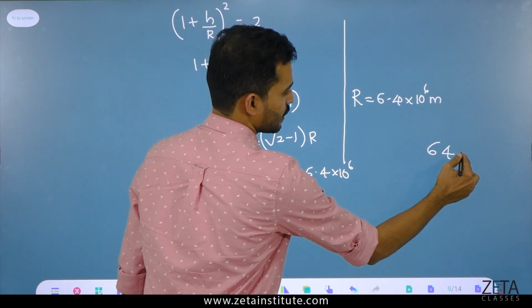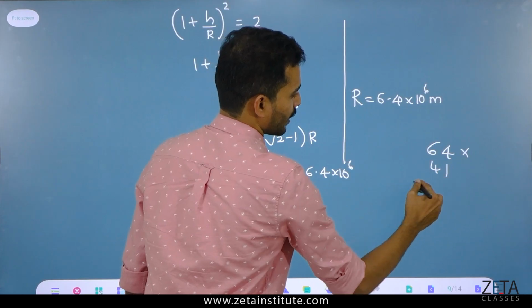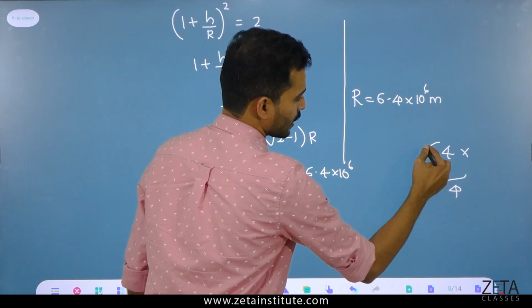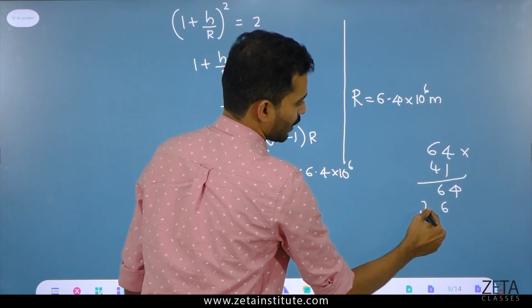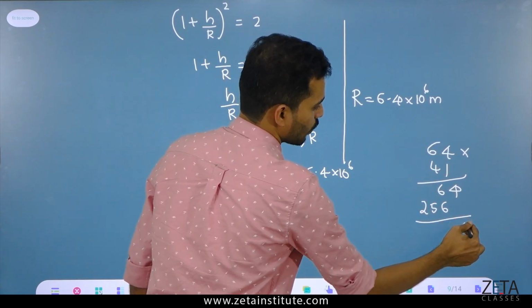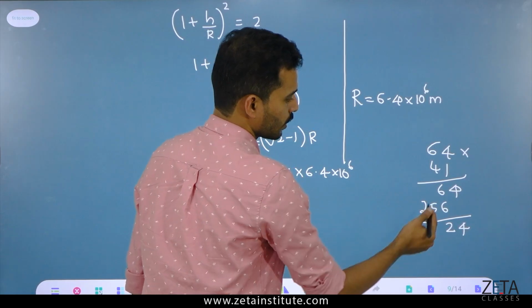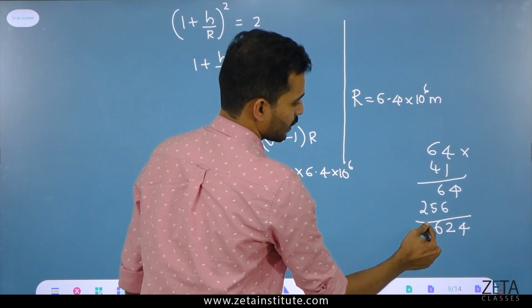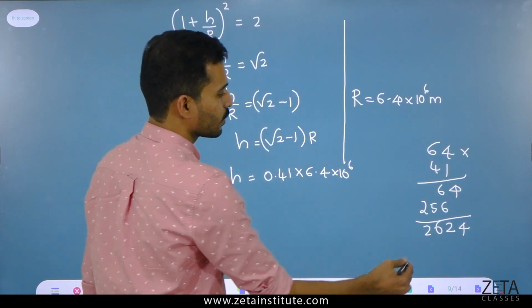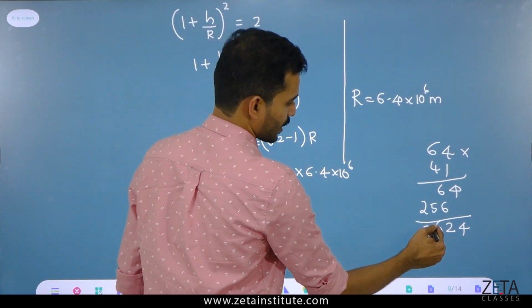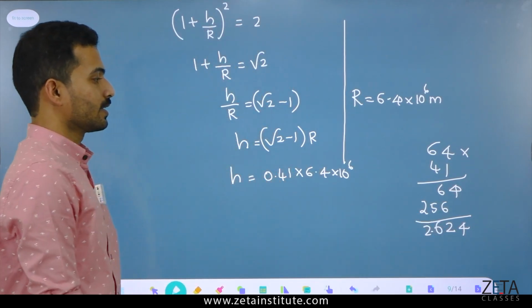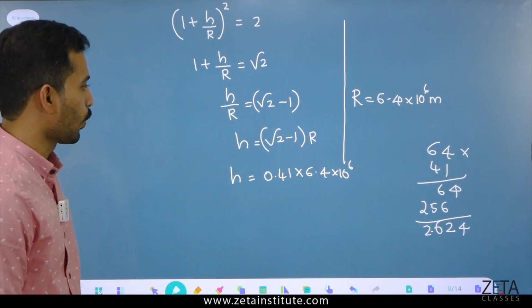That is 64 into 41 is equal to 4, then 6, 16, then 25. So that is equal to 4, 2, 6, 2. So the value is, with 3 decimal places, 2.62.